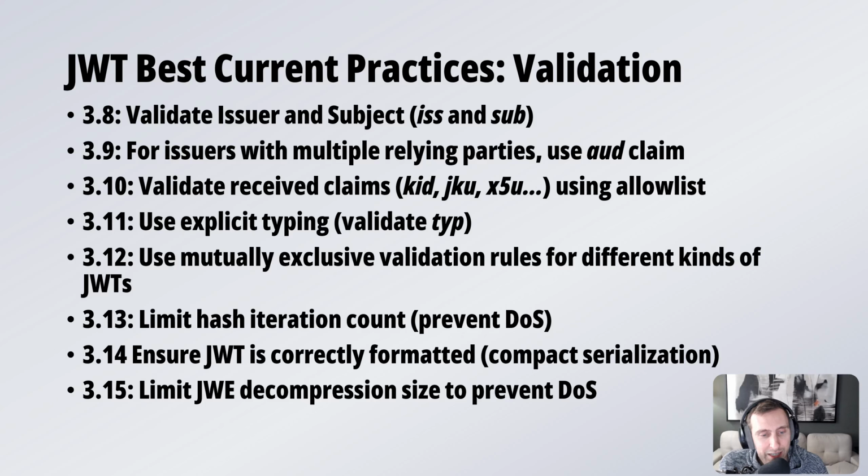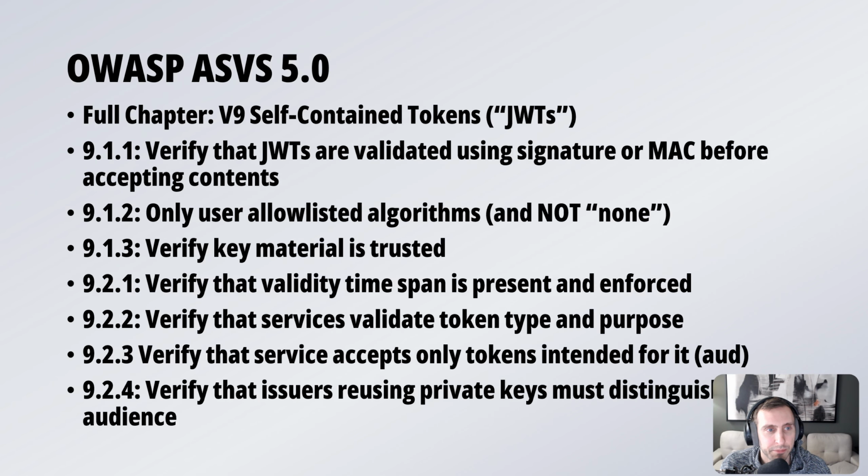Limit JWE decompression size to prevent DOS. I added this one as well. We didn't really talk about JWEs, and in fact, there is a broader scope of considerations and issues for JWEs, but just personally, I don't see them that commonly. So I'm not sure if I'm going to make a separate lesson and notes for JWE attacks. But nevertheless, they are used in some applications.